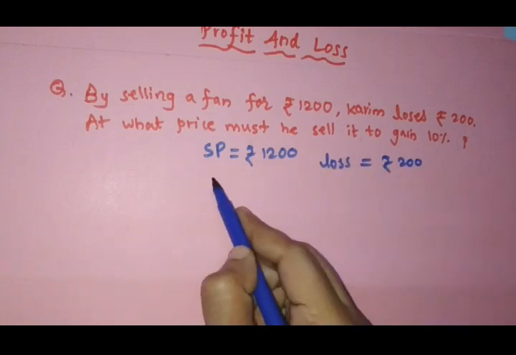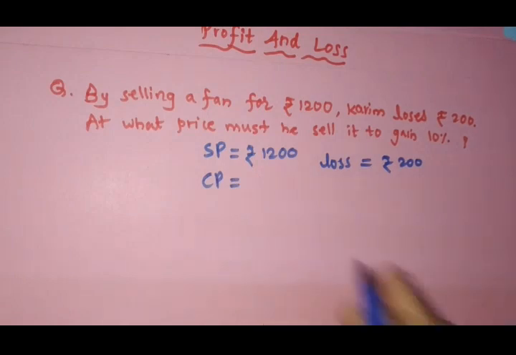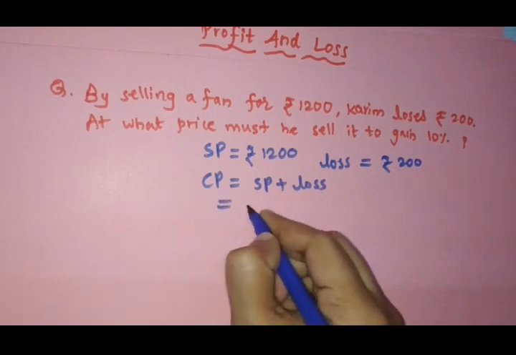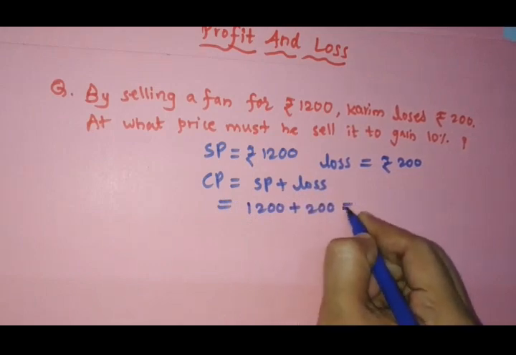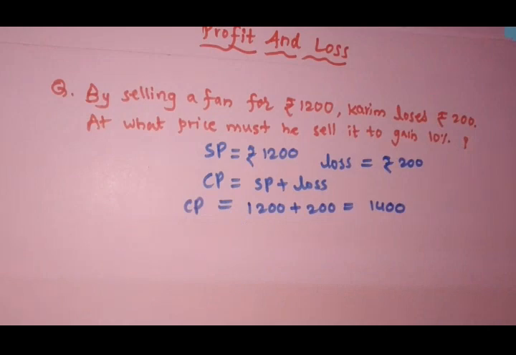From this, first of all we'll find the cost price. Cost price is what? Selling price plus loss. 1200 plus 200, you'll get 1400, which is the cost price.